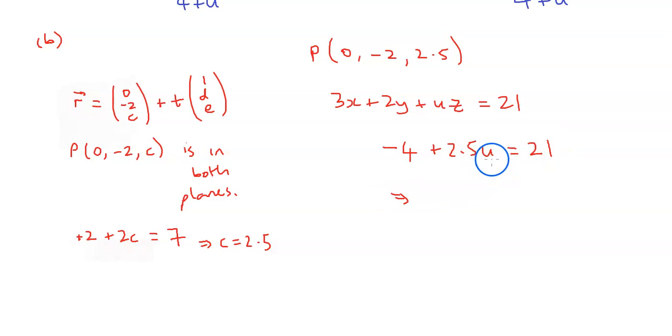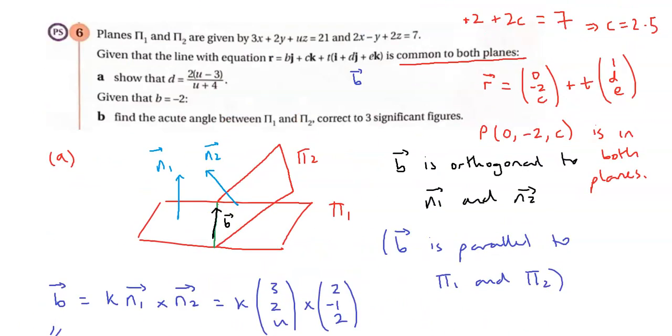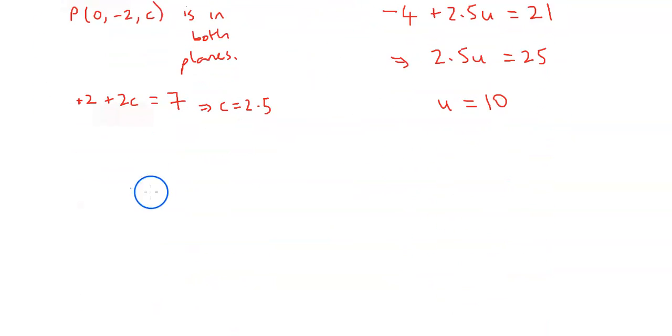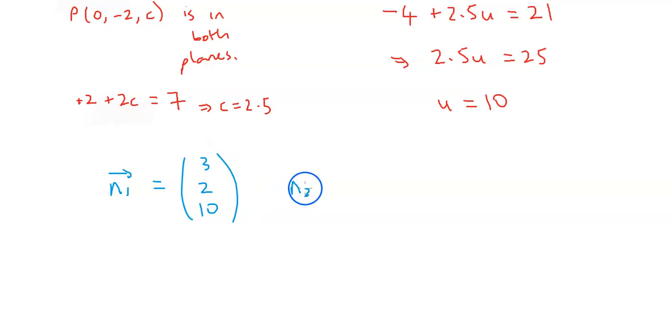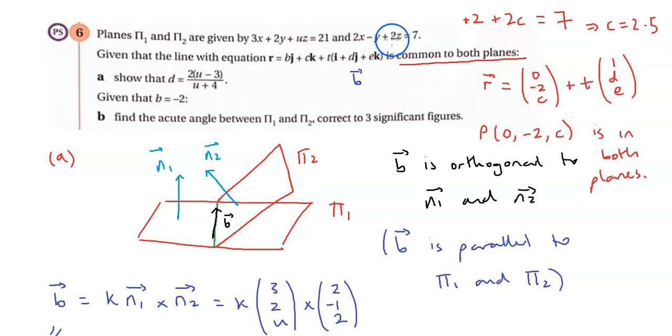So 2.5 times u is equal to 25, and that means u is equal to 10. Now we have our vectors: n1 is (3, 2, 10), and n2 is the normal vector of the other plane, (2, -1, 2).